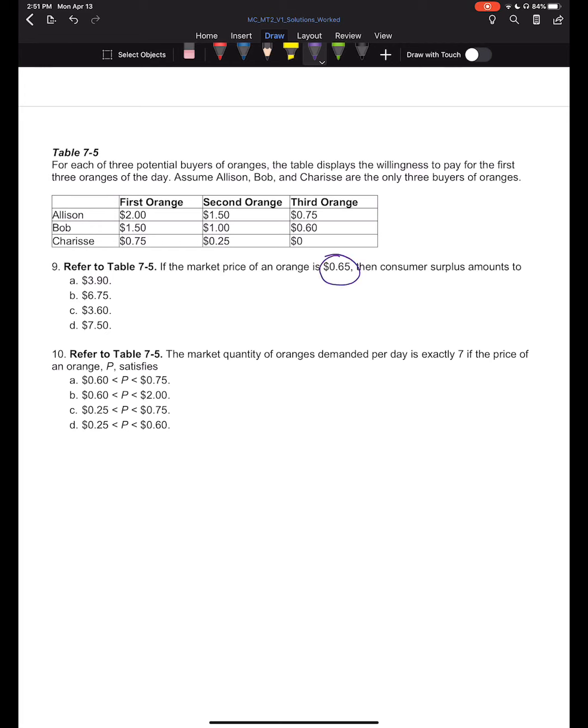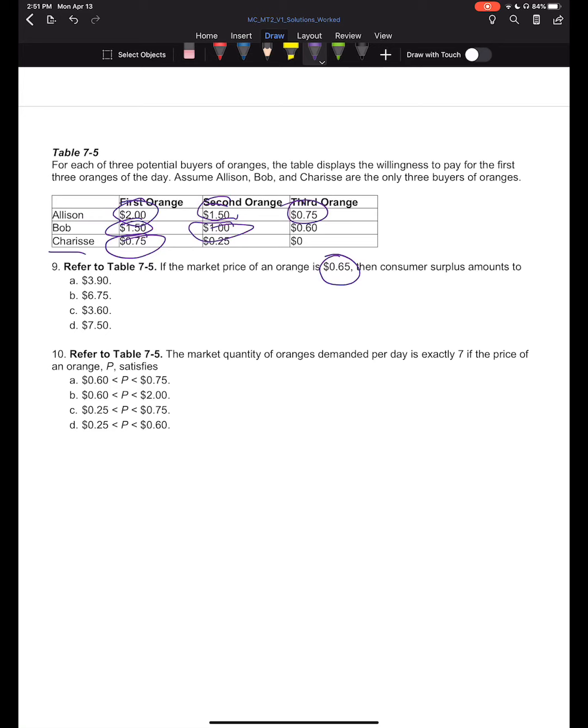then consumer surplus is going to be however many oranges are bought, minus their value minus the price that they have to pay. So they have to pay 65 cents for each orange. Well, first, how many is Charisse going to consume? She's only going to consume one. Bob is going to consume two, and Allison is going to consume all three of hers.